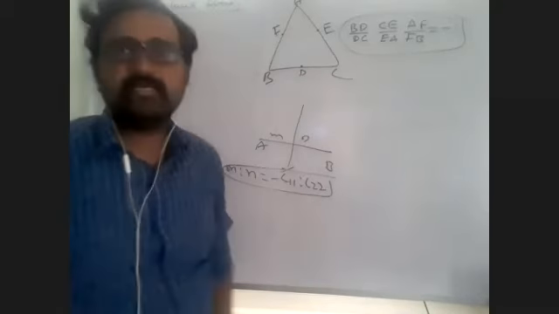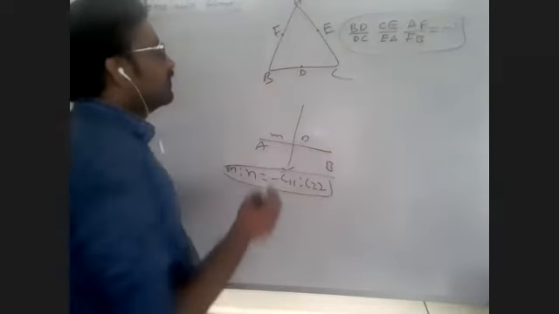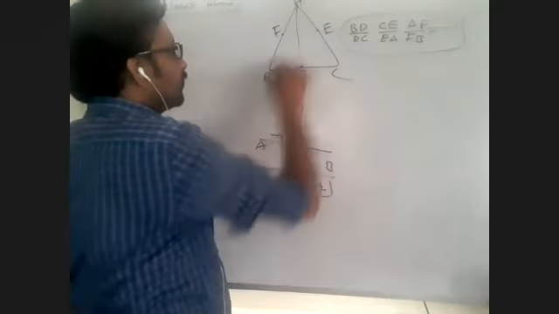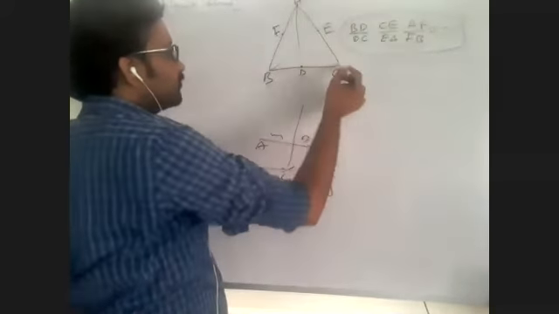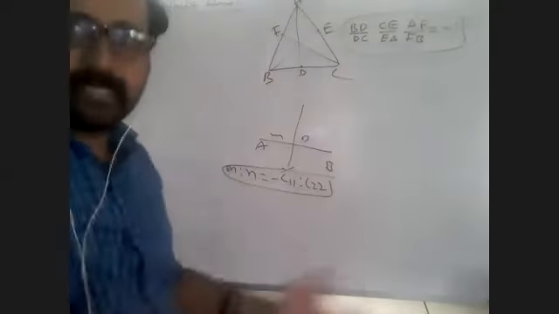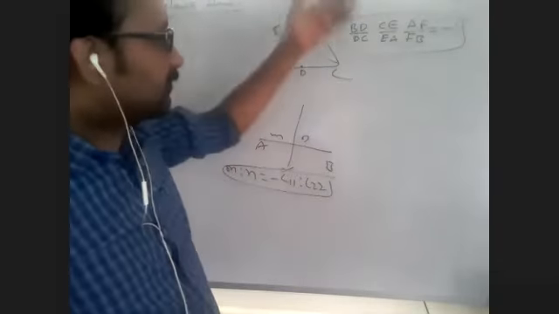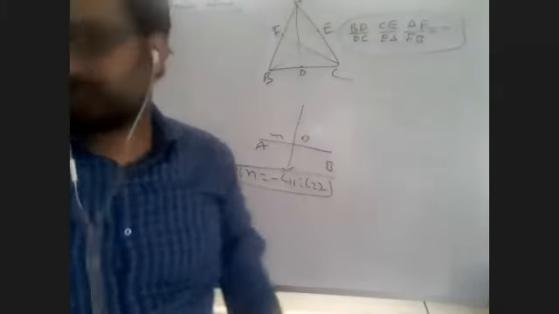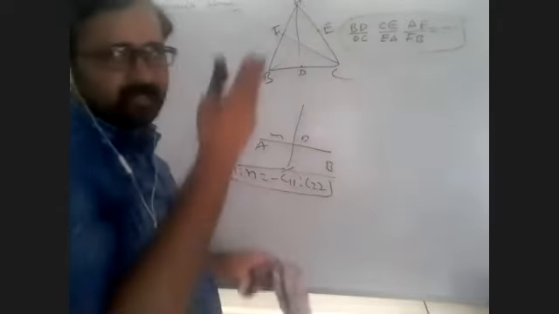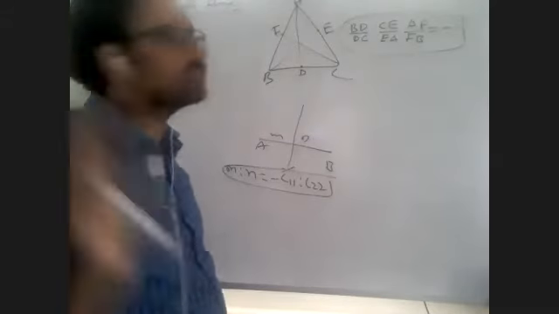Here, a transversal cuts BC, AC, AB in some ratio, and we have to prove it. If you know this formula, we can prove it very easily.